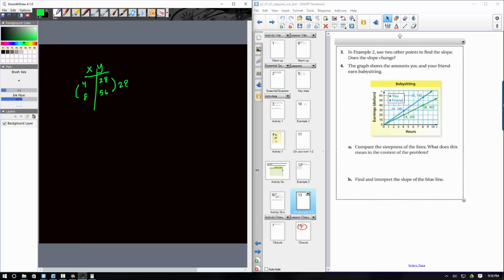And this one here is going up by 4. So the change for this slope is 28 over 4. I want to reduce that down even more, so I could have 7 over 1.